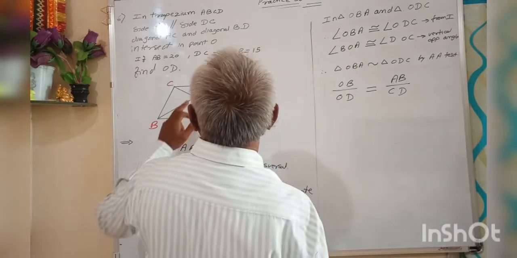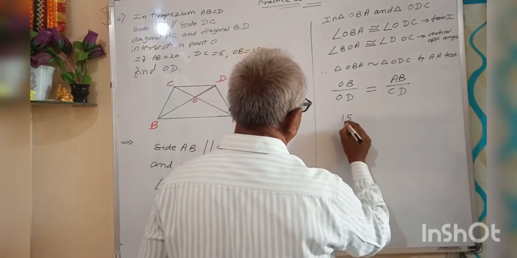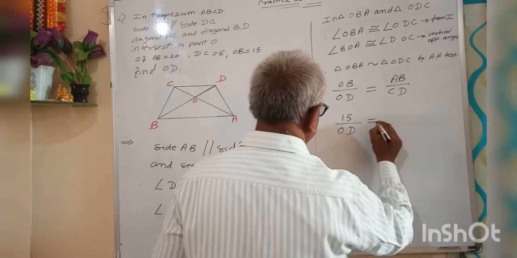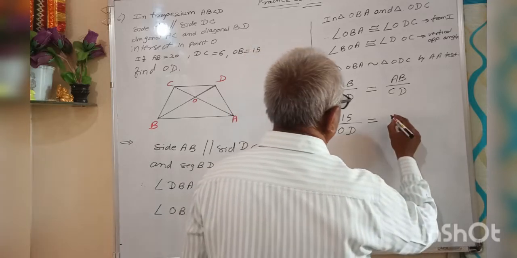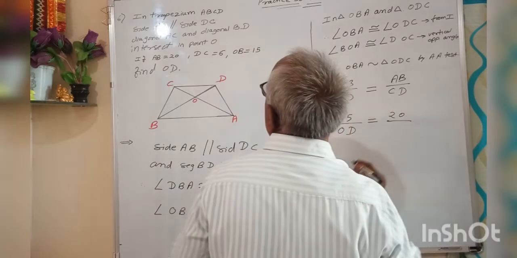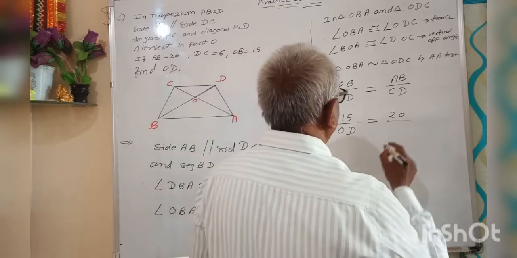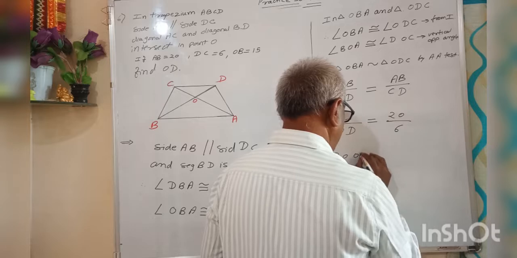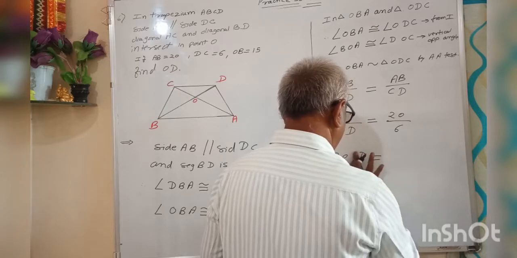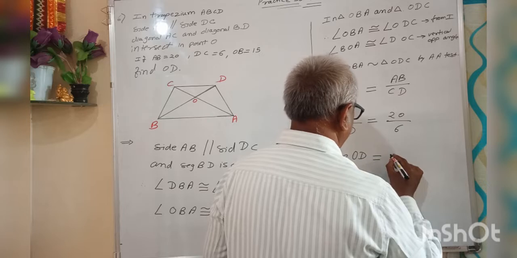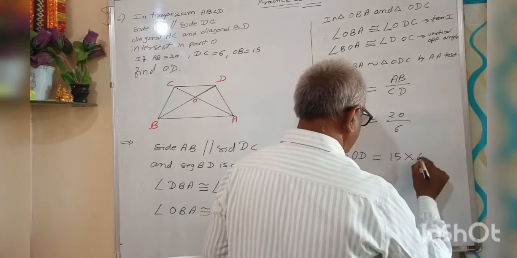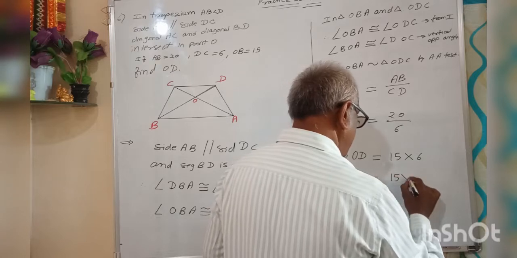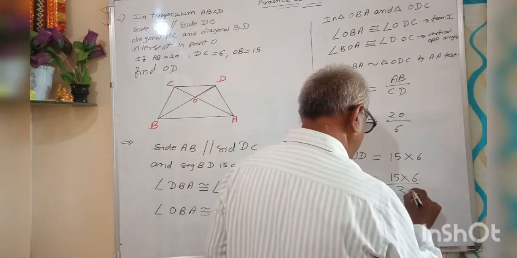Now OB is given 15, OD that you are going to find, AB that is 20, and DC that is 6. 15 upon OD is equal to 20 upon 6. Therefore, OD is equal to 15 into 6 upon 20.